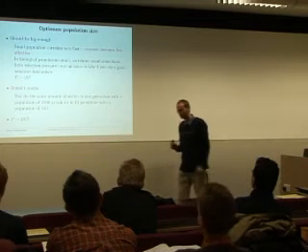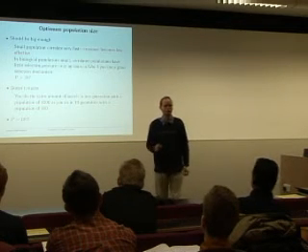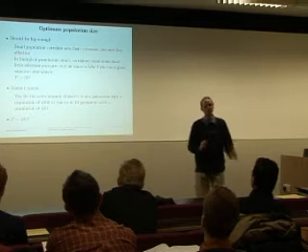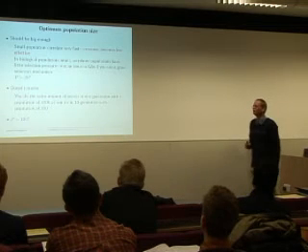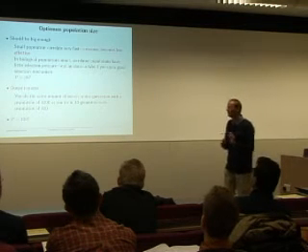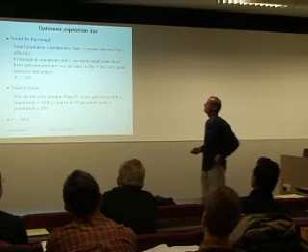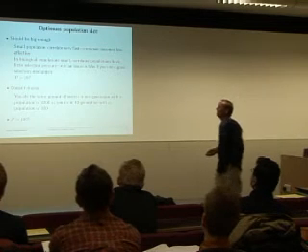But if all your individuals are identical, then crossover is doing nothing for you. Okay, so you want some diversity. Diversity is a good thing. So small populations tend to lose this diversity.